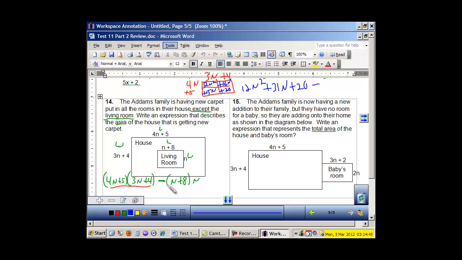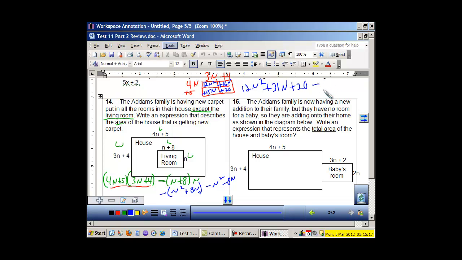Well, hello, what's n times n? N squared, and 8n times 8 is 8n. Still in parentheses, and I got that negative, so let's subtract the n squared minus 8n.